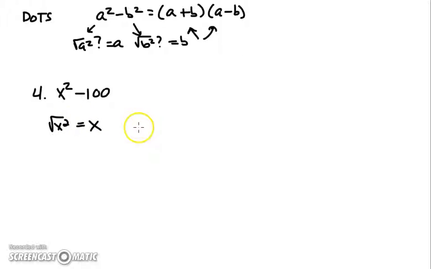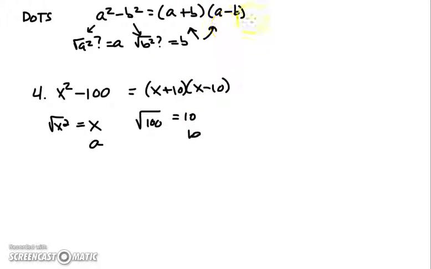Sure, it's going to be x. Can we take the square root of 100? Yes, it's going to be 10. If you can do that, we now have a and b that we have written up here. So x squared minus 100 is going to be x plus 10 times x minus 10.